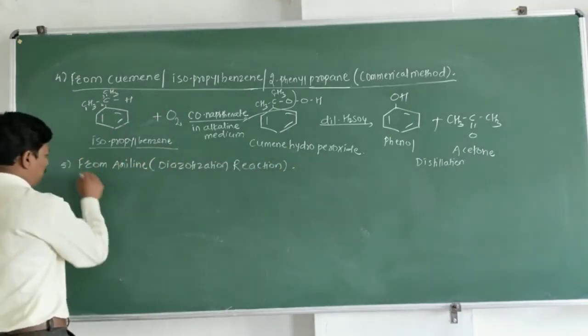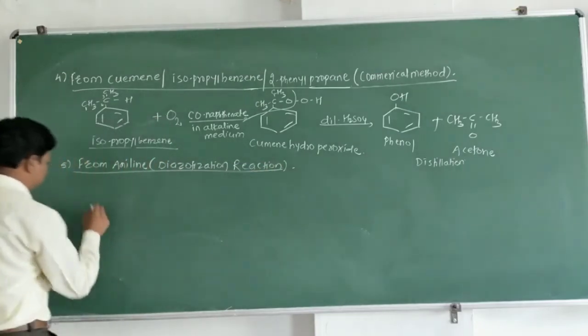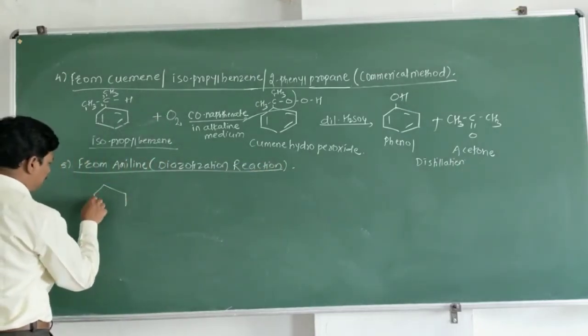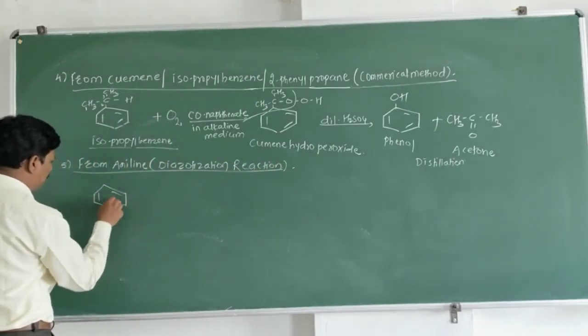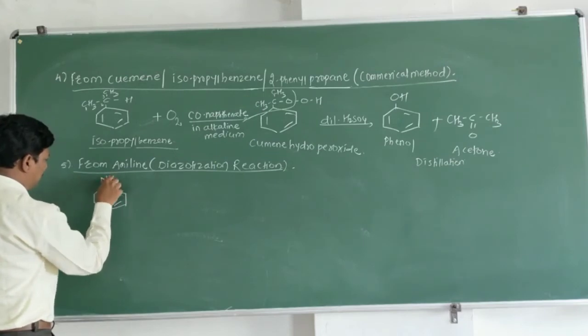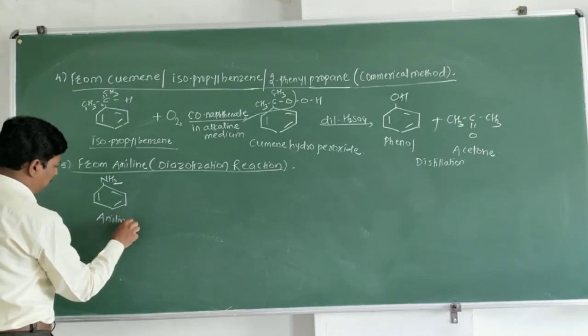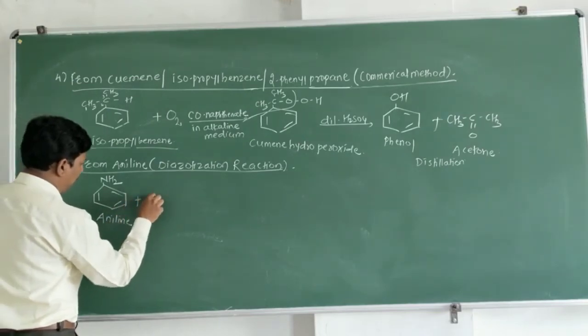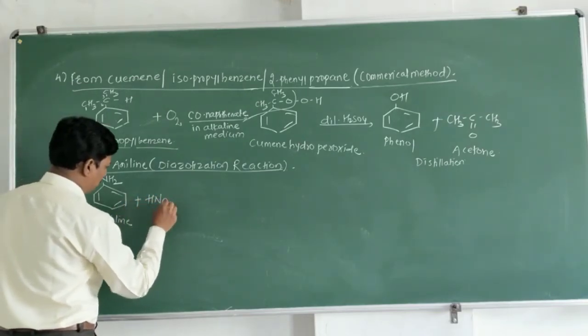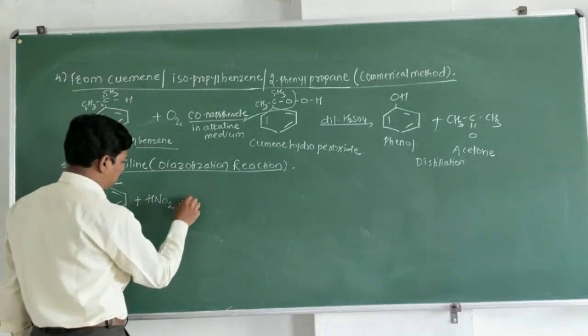Now see here first of all the reaction. Aniline, its structural formula is the benzene ring, and on the benzene ring the NH2 group is present. Now this aniline reacts with nitrous acid, HNO2, and HCl.